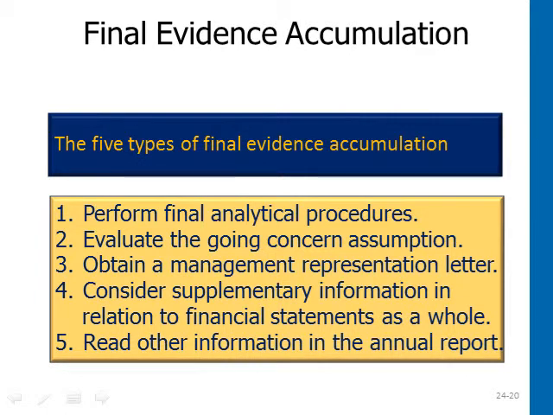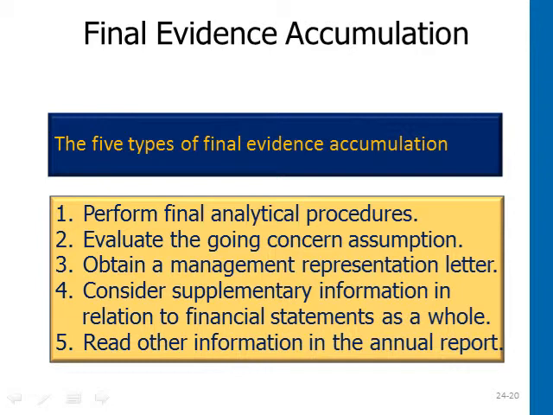And so here we see the 5 types of final evidence accumulation. We perform our final analytical procedures. That's looking again at these financial and non-financial relationships to determine whether or not they suggest any additional areas of risk or concern that haven't been surfaced during the audit. We evaluate the going concern assumptions, which we'll talk about later.